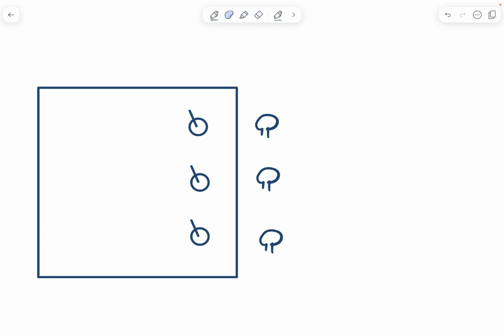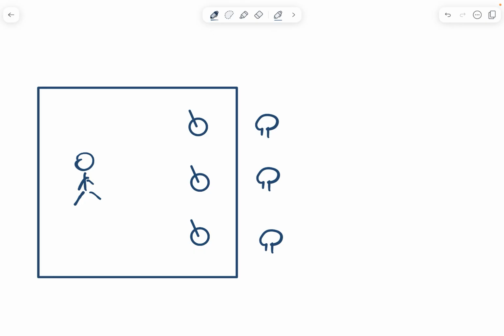And you are now in this room, and this is you. You have no access to the light bulbs outside of the room. You have no information about the light bulbs outside of the room.